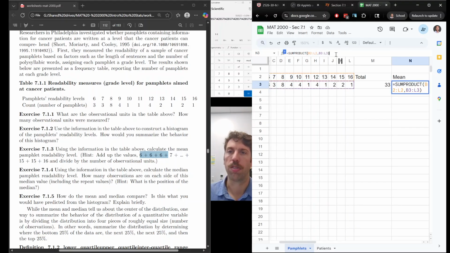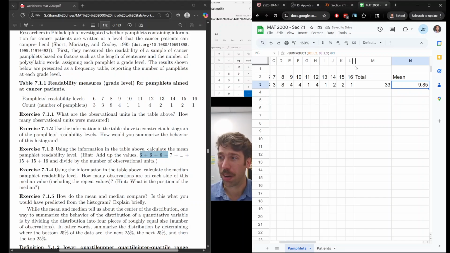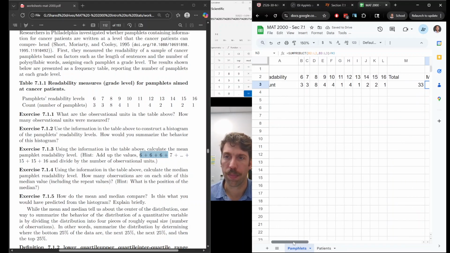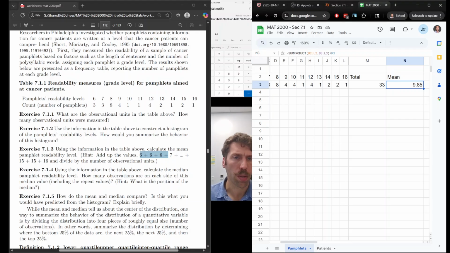Then if we divide this by the total number of pamphlets, that should give us the average pamphlet reading level, which is about, round it to 10th grade reading level. So calculate the mean pamphlet readability level. Your number will be different from mine, but only by a little bit.